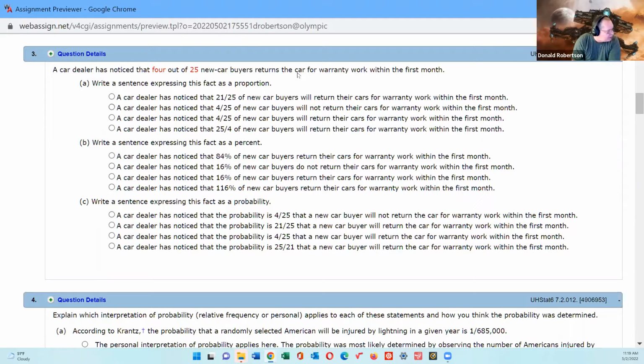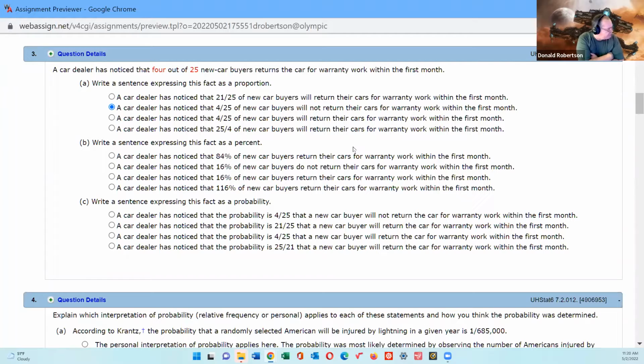Now it says, write a sentence expressing this fact as a proportion. Well, could be this one. A car dealer will notice that 4 out of 25 new car buyers will return their cars for warranty work within the first month. Okay, I like that one. Okay, I need help here.